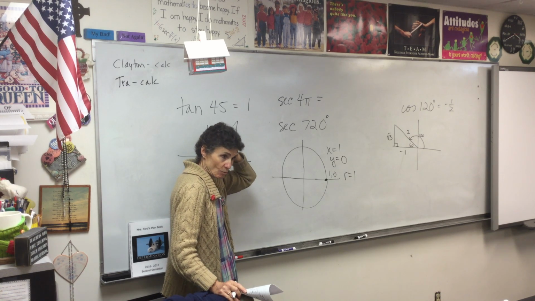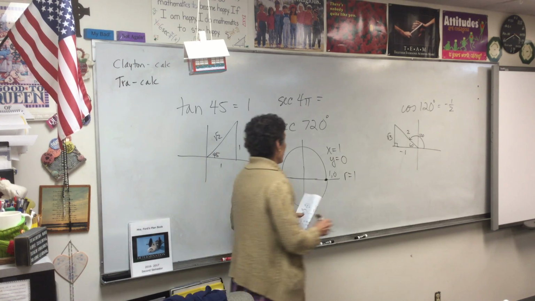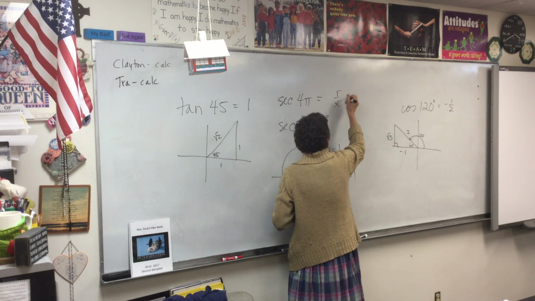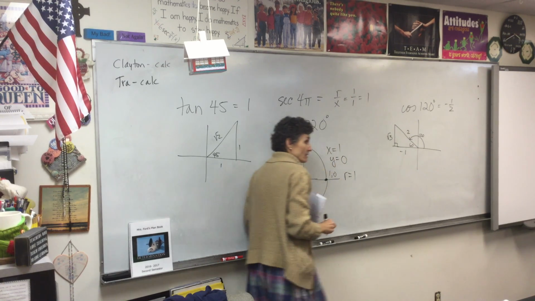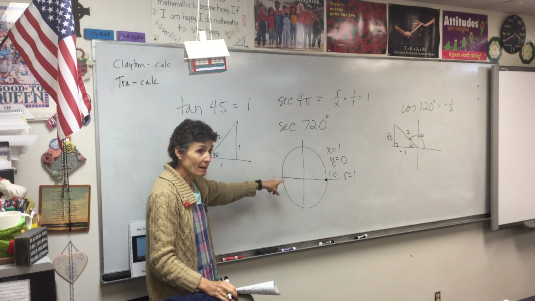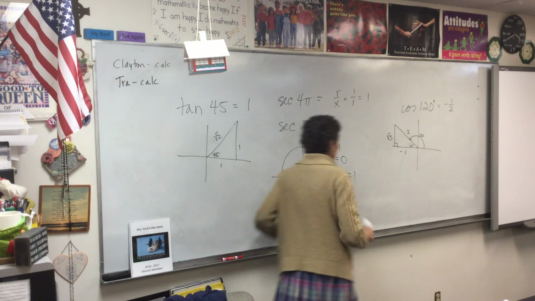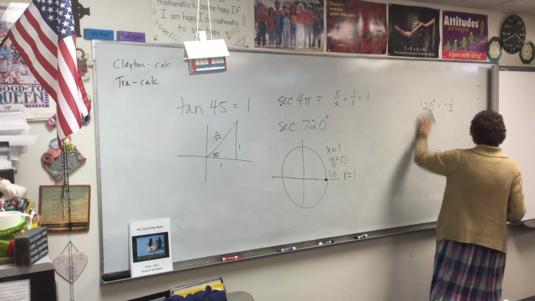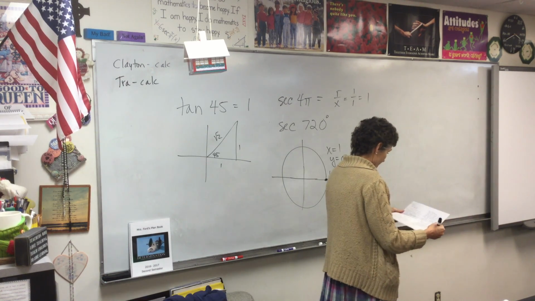Cosine, X over R. So secant would be R over X. And if I put R over X, I get 1. These are the ones, remember, that come out undefined sometimes, because it's possible that you have a 0 in your denominator. We didn't. We got 1.